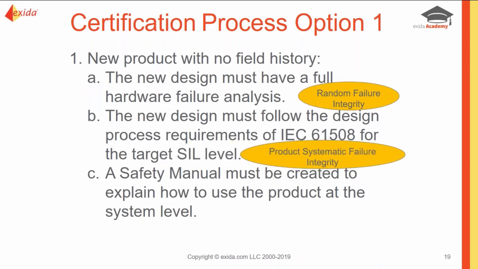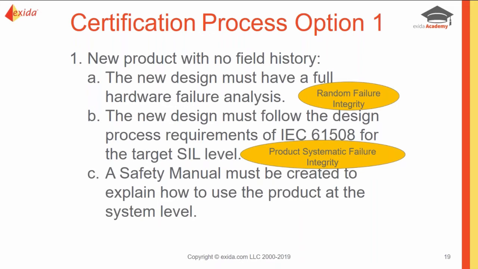That's going to ensure that you aren't going to introduce any systematic failures to your product. That's going to be that systematic or that SIL capability circle at the top of the 3 circles or that one barrier.